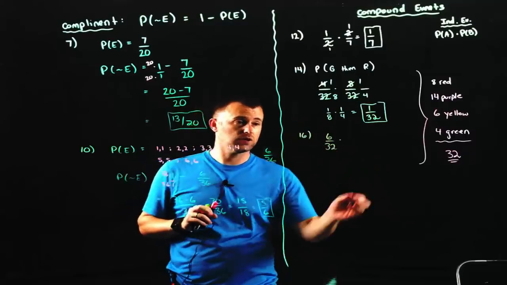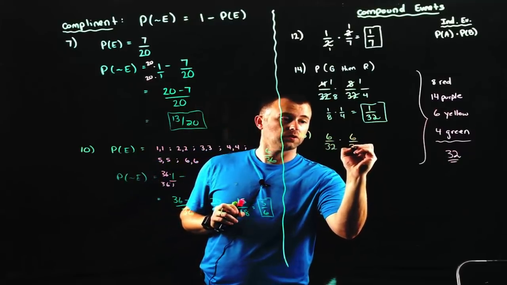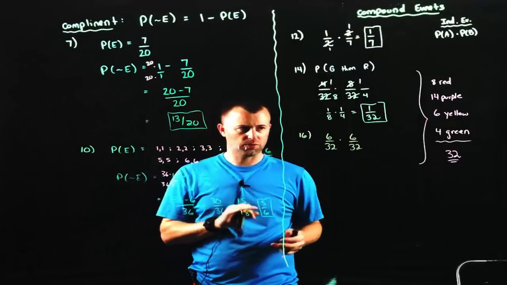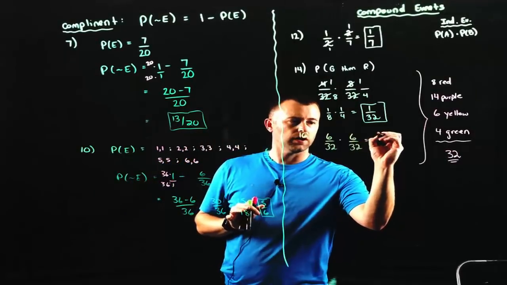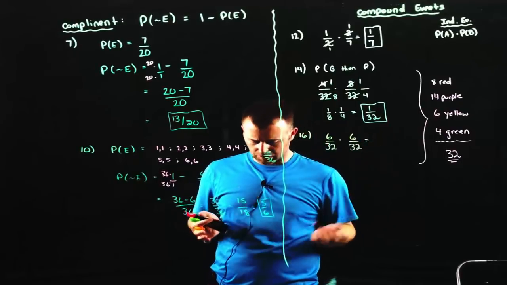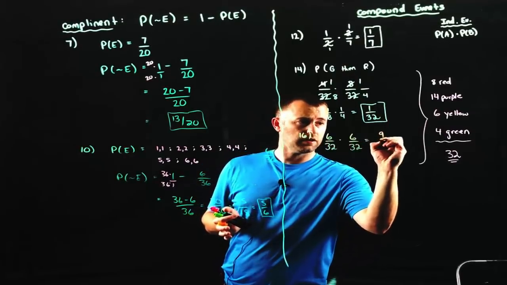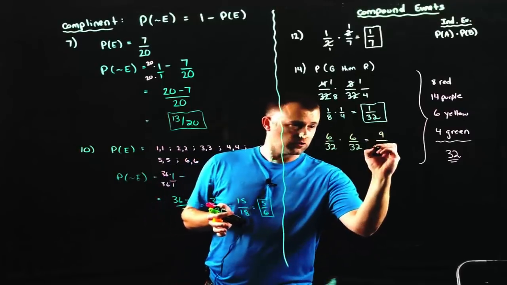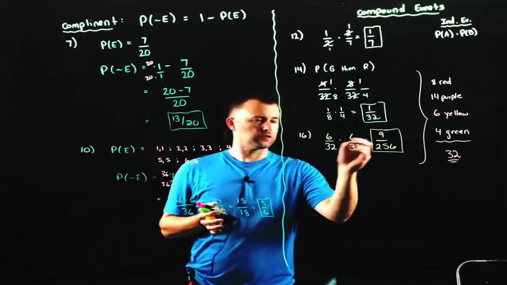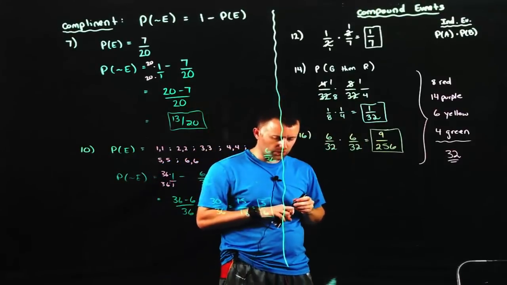I'm dealing with the same situation. So we're going to multiply by 6 over 32 yet again. And in this case, if you multiply everything out and simplify it, I can cancel some things out here, but basically, long story short, this is 9 out of 256. Again, that's just multiplying, simplifying, and whatever you need to do with it.